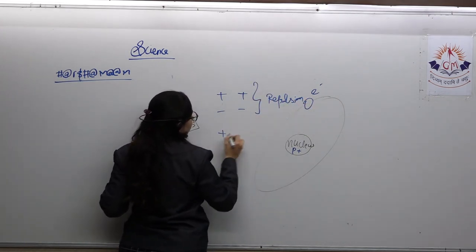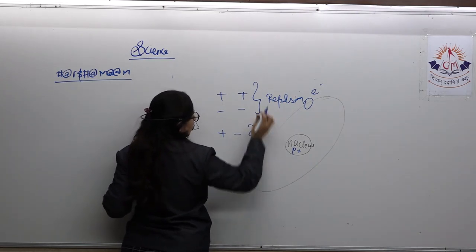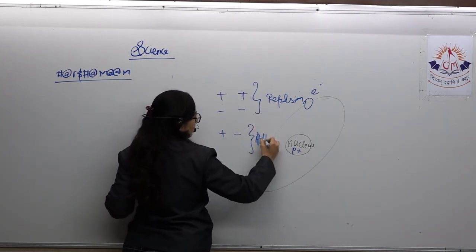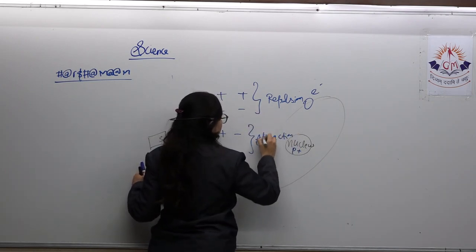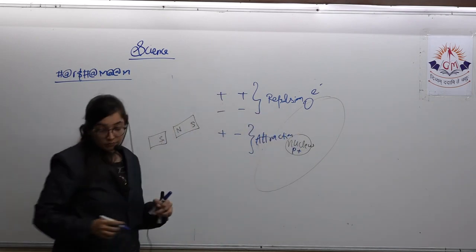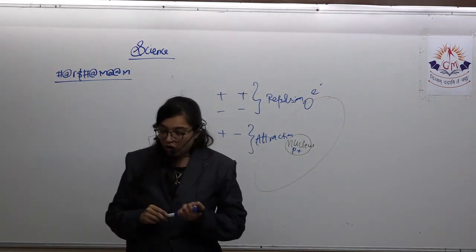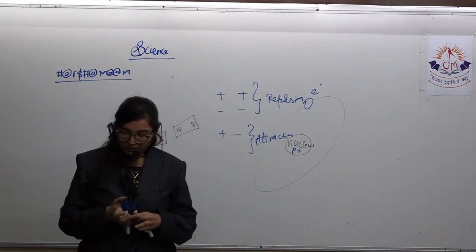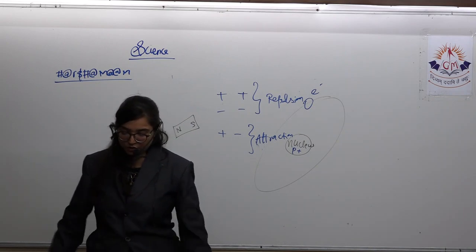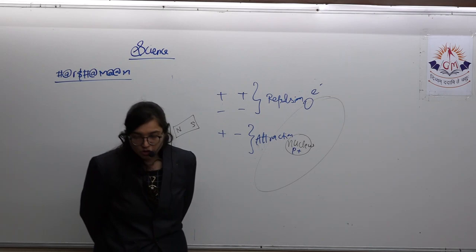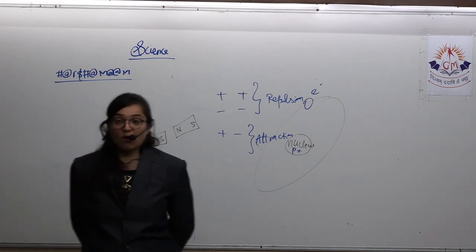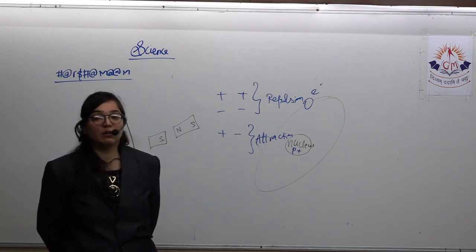If they have opposite charges, then there will be attraction. Okay? Objects with the same type of charges will repel one another, and those with opposite charges will attract each other.